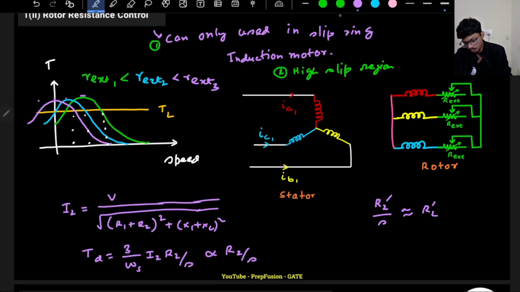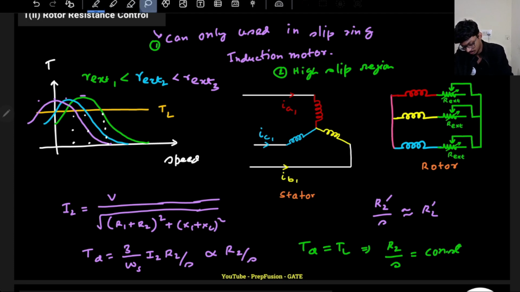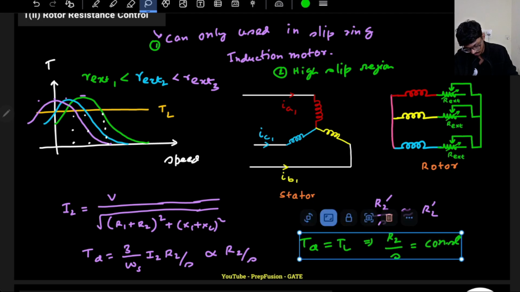And I know that the load torque has to be constant. So at steady state, the developed torque will be equal to the load torque. So from this equation I get that R2 by S is constant. So if I increase R2, then the slip also will increase.